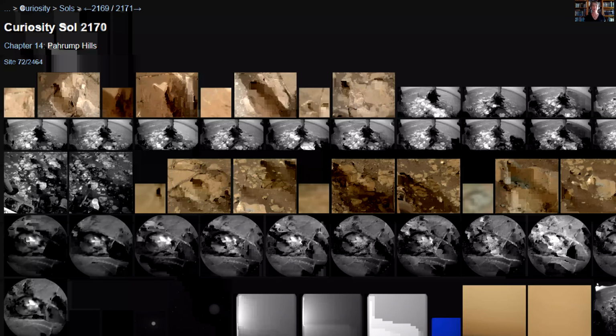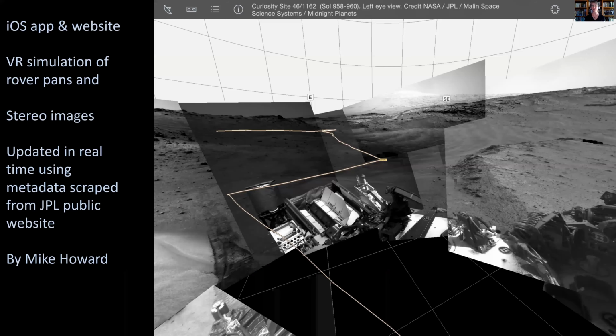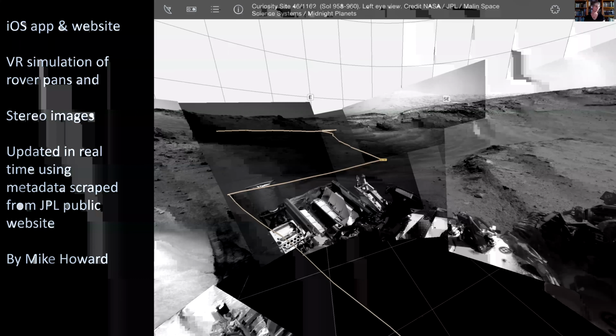And you were able to easily browse all the data. It produced these real-time VR views where it would assemble all the images in a mosaic. It had the trajectory, the path that the rover traveled, on his app that you can even just tap on the screen in order to navigate from point to point to point.